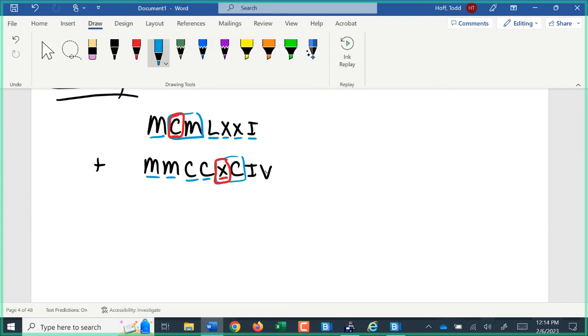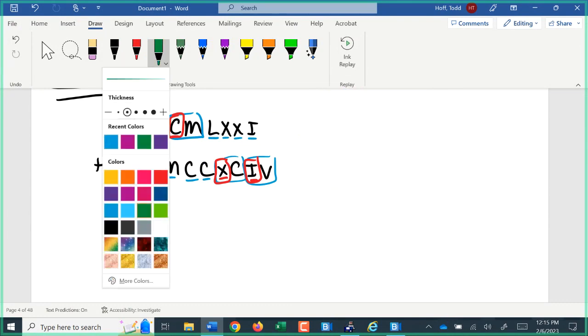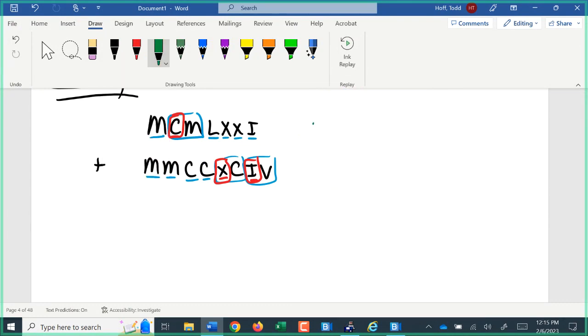The I is 1, followed by V, which is 5, so that I is subtractive. Again, technically it works with the V, but we will treat it by itself. So those digits that are circled in red are subtractive digits. So what that means is I can actually cancel out a similar digit from the other number with that digit.